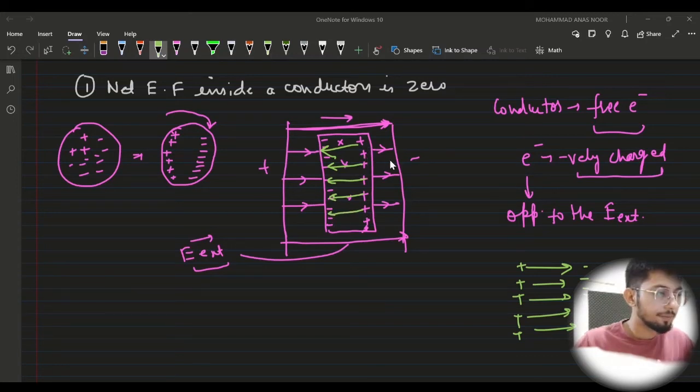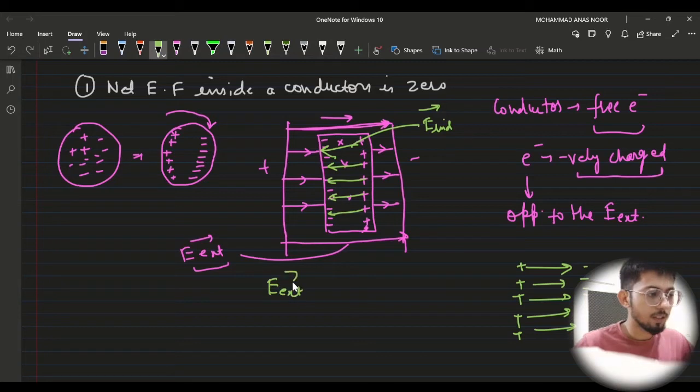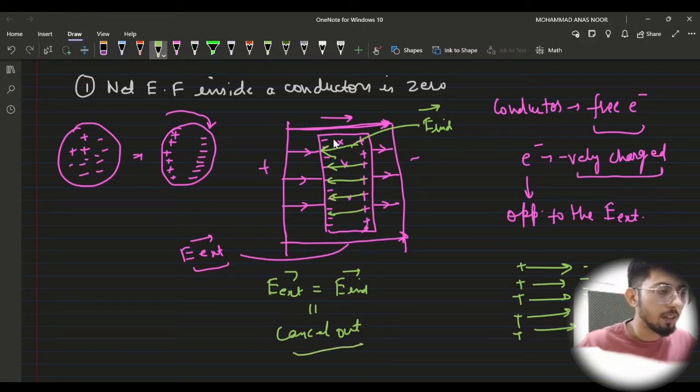This electric field is called the induced electric field, which is induced due to this phenomenon. So E external and E induced are in opposite directions, so they cancel out each other, and effectively the net electric field inside the conductor is zero.